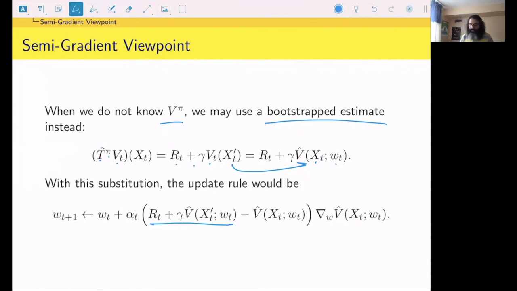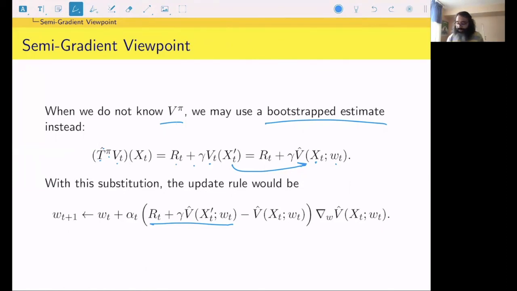This is called bootstrap estimation. I can't remember if I mentioned it or not, but bootstrapping in this RL context, not in statistics, means that we use our current estimates of something in order to get a better estimate, using the current estimate in place of the target value.